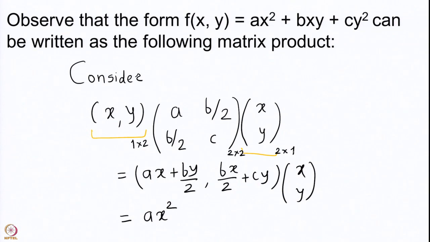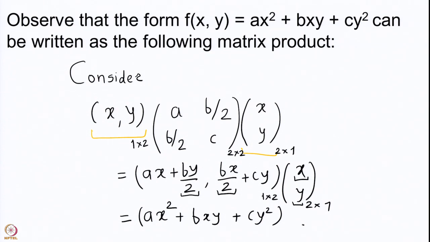In the end we are going to get a 1 by 1 matrix, which is ax squared plus bxy by 2, and this also gives me bxy by 2. So, I just have bxy, and finally we have cy squared.